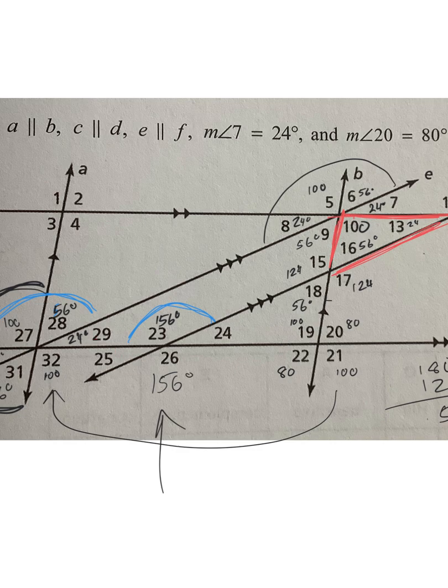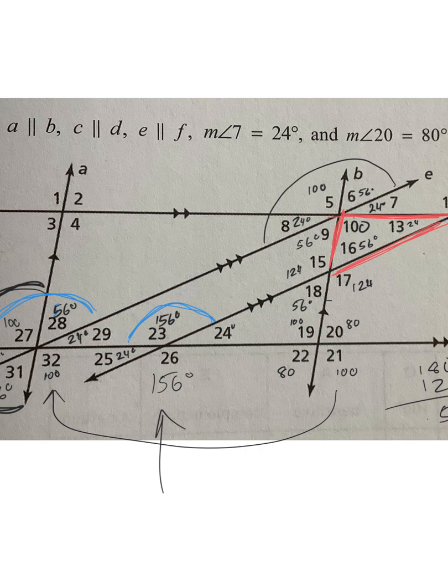Yeah, they're alternating, and they're inside these two parallel lines right here. So alternate interior angles. Are they equal or not? Yeah. All right, so that means angle 25 is 24 degrees, and angle 24 is 24 degrees.